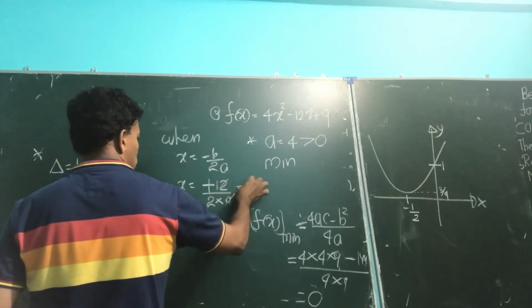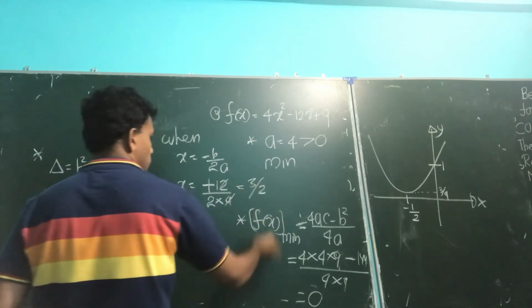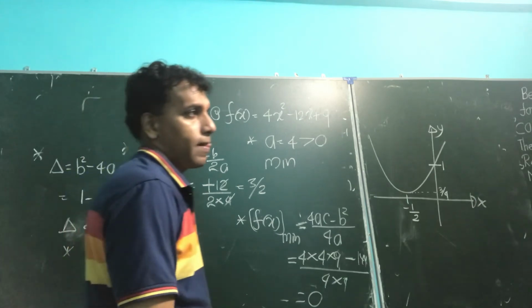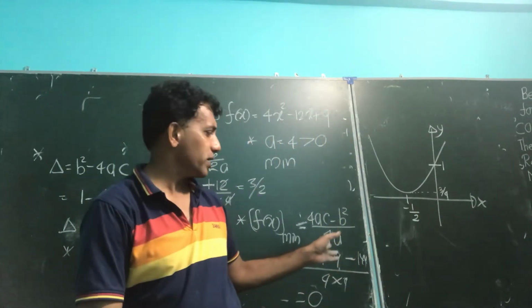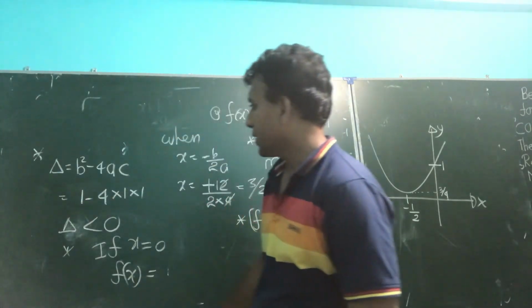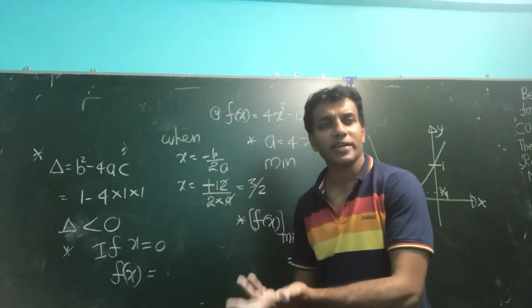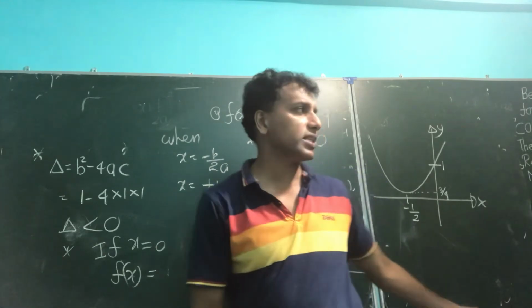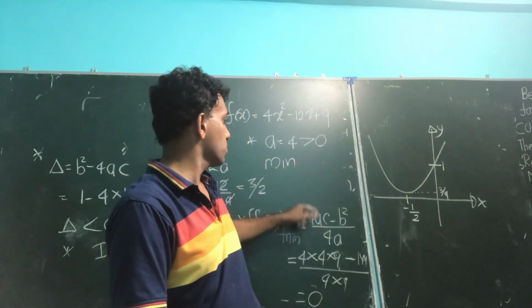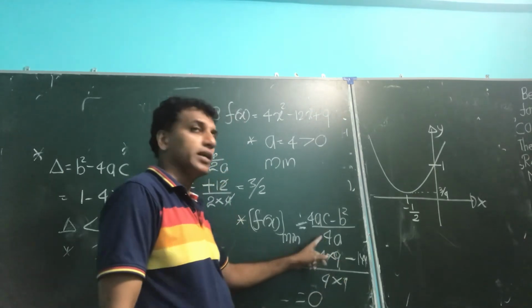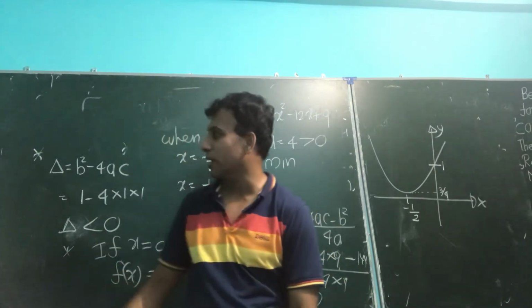Cut the 4, 3 over 2. That means the symmetric axis is x equals 3 over 2. So the delta we completed here. Once you work out the delta here, it is 0.